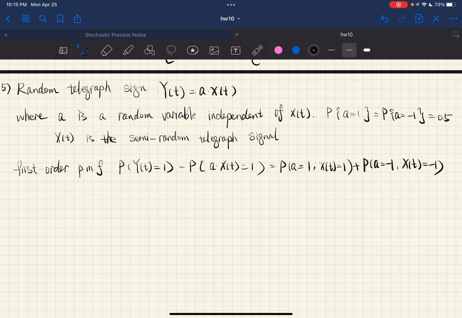Because, as I said before, A is independent of X, we can take A outside and it becomes two probabilities.